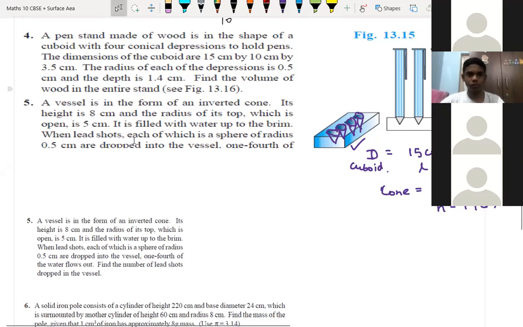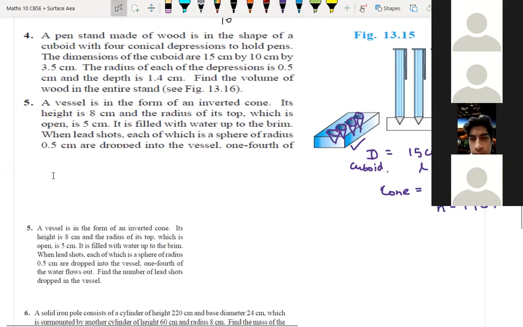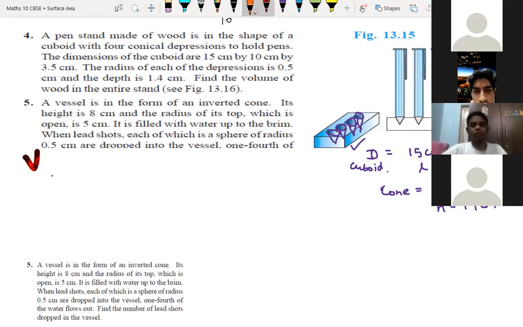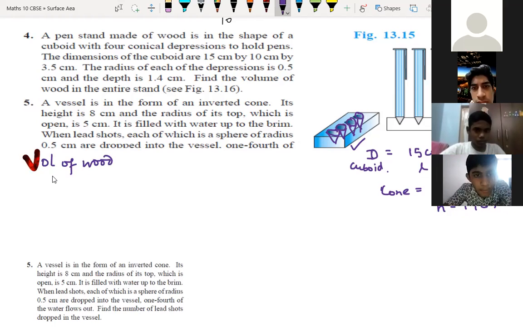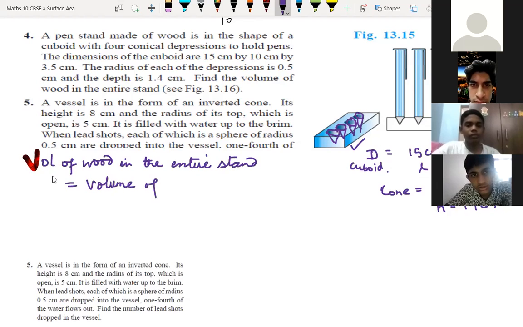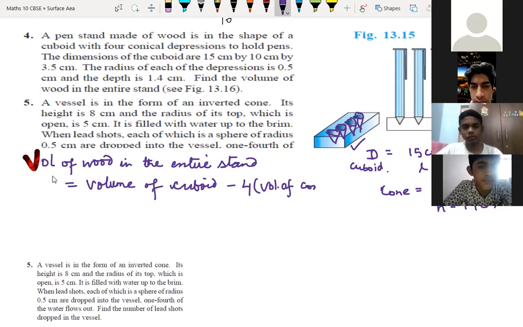So we need to find the volume of wood in the entire stand. How to find the volume of wood? Volume of wood in the entire stand is equal to volume of cuboid minus volume of four small cones. So volume of cuboid minus 4 into volume of cone.